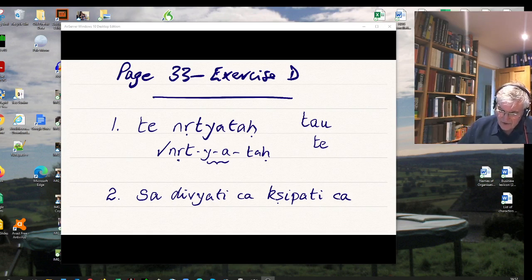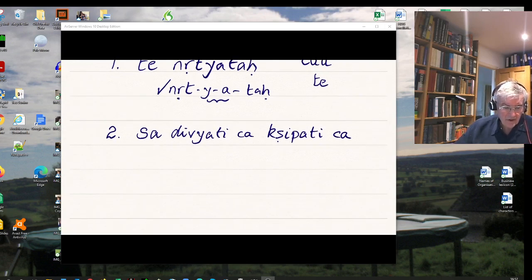Now note this Sandhi rule that's given to you in the box on page 33. This sa, standing on its own, ends in visarga. Here we are in Devanagari. When it's followed by a consonant, the visarga is dropped. So that's why this is just sa divyati.